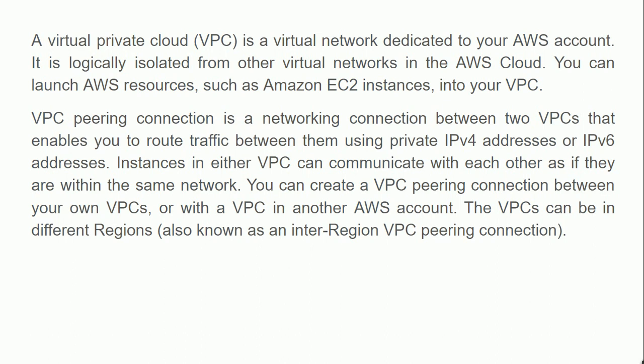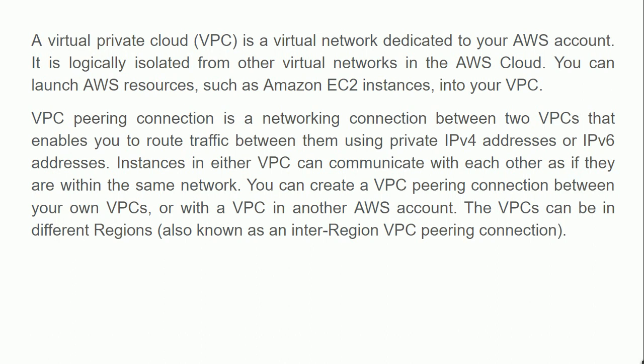For example, in the last segment we set up a VPC called TAC VPC with the private IP range of 10.0.0.0/16, and the CIDR of the subnet is 10.1.0.0/24. Now, if you have multiple VPCs with multiple private IP addresses, how can we enable communication between two instances using private IP addresses?